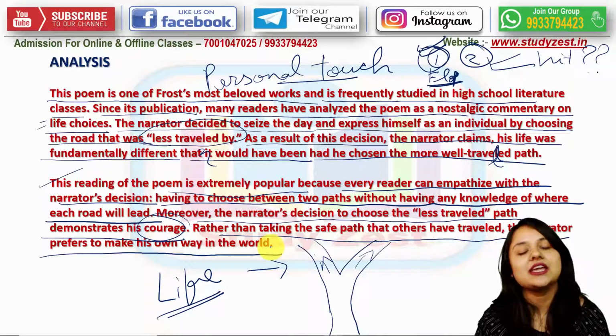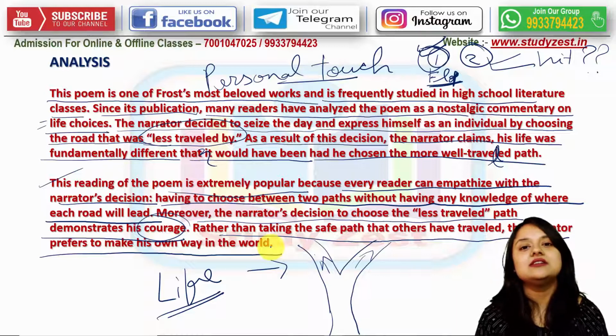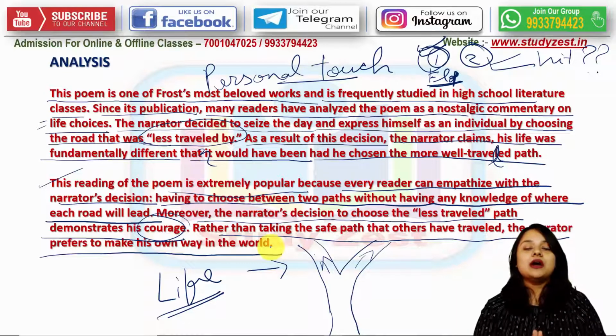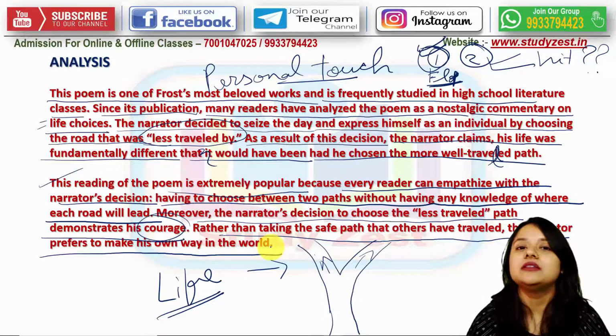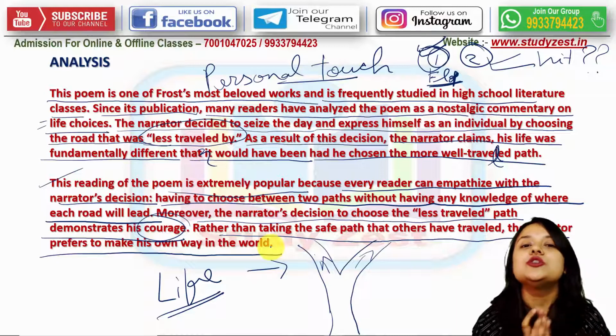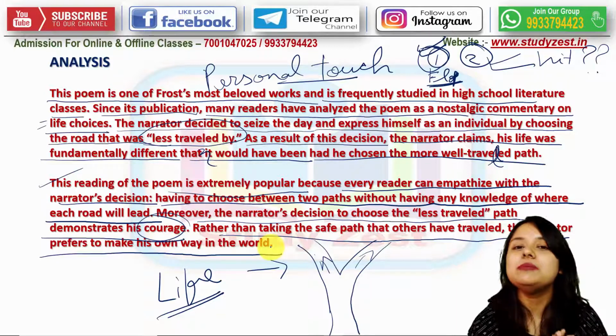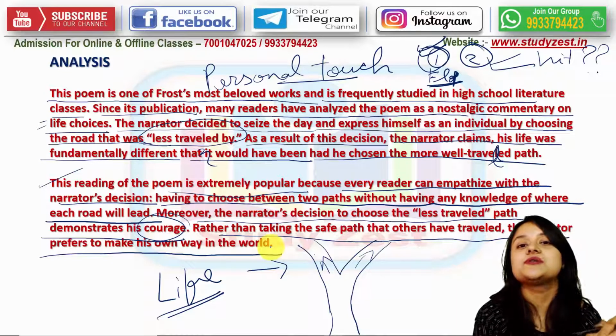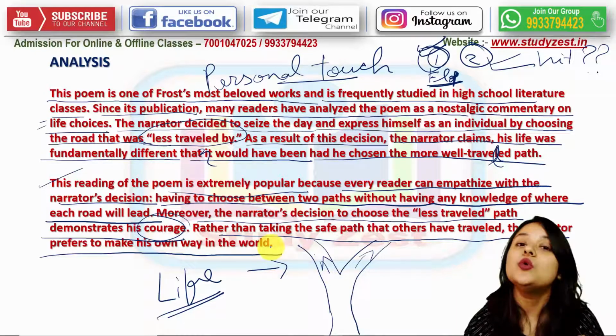Very interesting, isn't it, that when the poet makes a choice that he wants to go through the less traveled path, that means what? He knows that not many people have gone through this road, and not many people have seen or experienced what it has to offer.